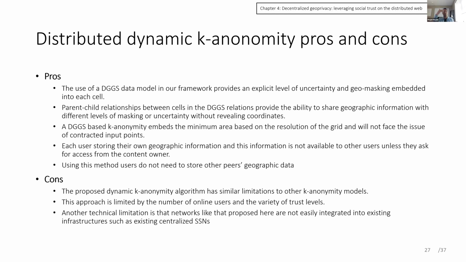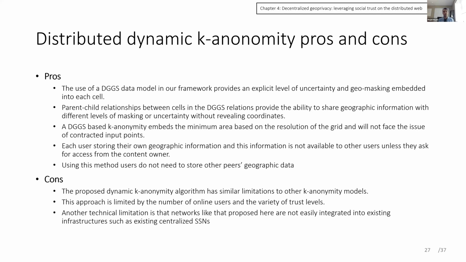It allows us to have a parent and child relationship, and our approach embeds the minimum area required for k-anonymity models, as in centralized k-anonymity models, and users store their location data on their own. They don't need to share it with a central entity, which is the main goal that we wanted to follow.